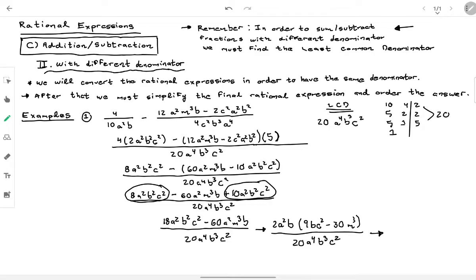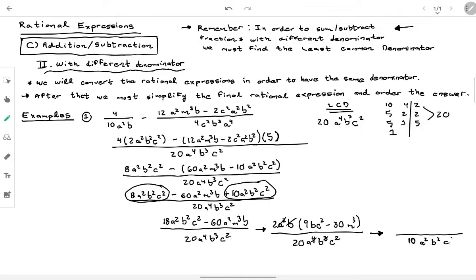So after that, we can simplify it because it's going to be 2 and 20. It's going to be only 10 on the bottom because we can simplify it. What about A? We have A to the 4 on the bottom, A squared on the top, so we can eliminate it, and it's going to be A squared on the bottom. What about B? It's going to be B squared on the bottom.